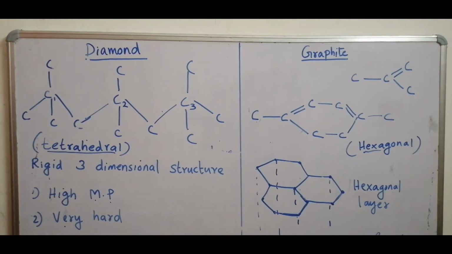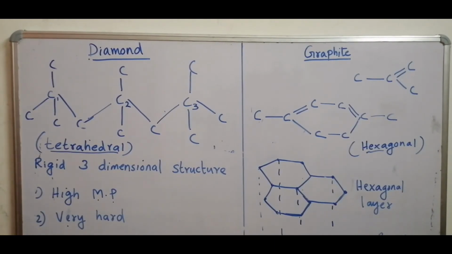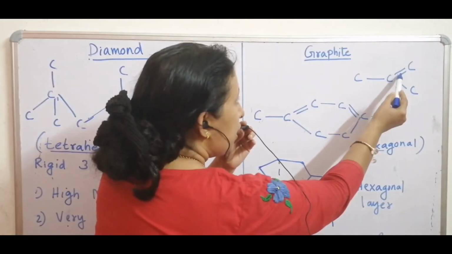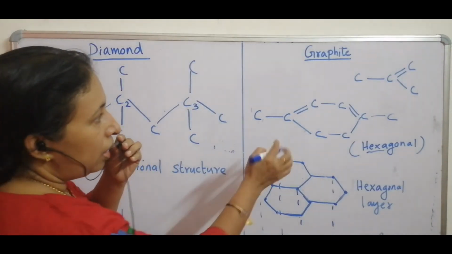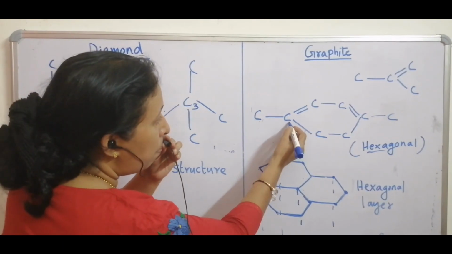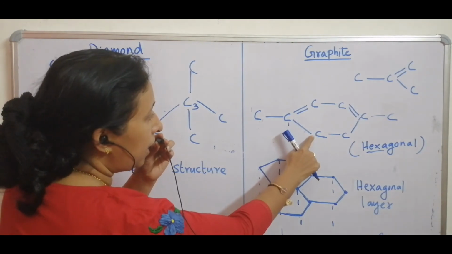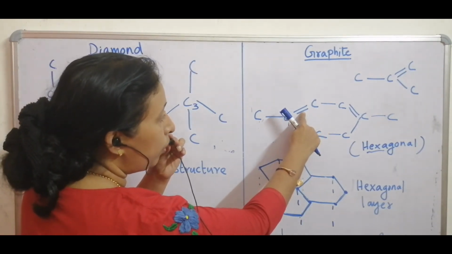Whereas in graphite, each carbon is bonded to 3 other carbon atoms in the same plane, and one of these bonds is a double bond. This carbon marked 1 is bonded to 3 other carbon atoms, and one of these bonds is a double bond.